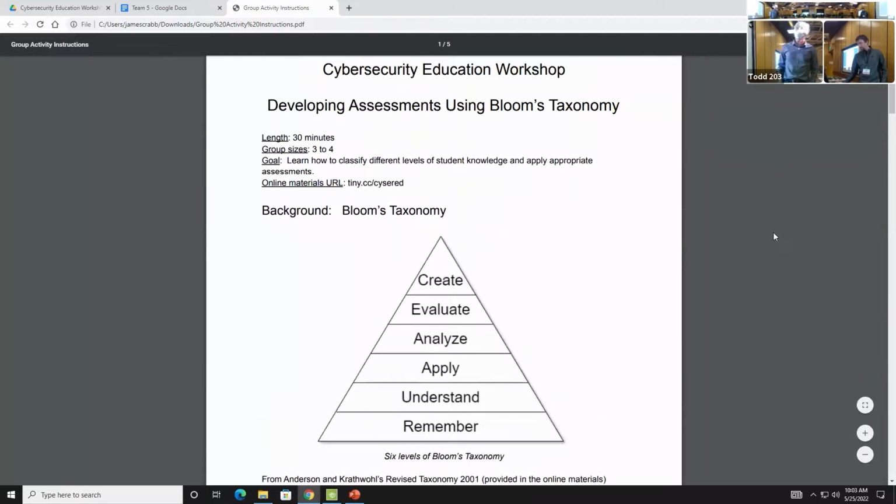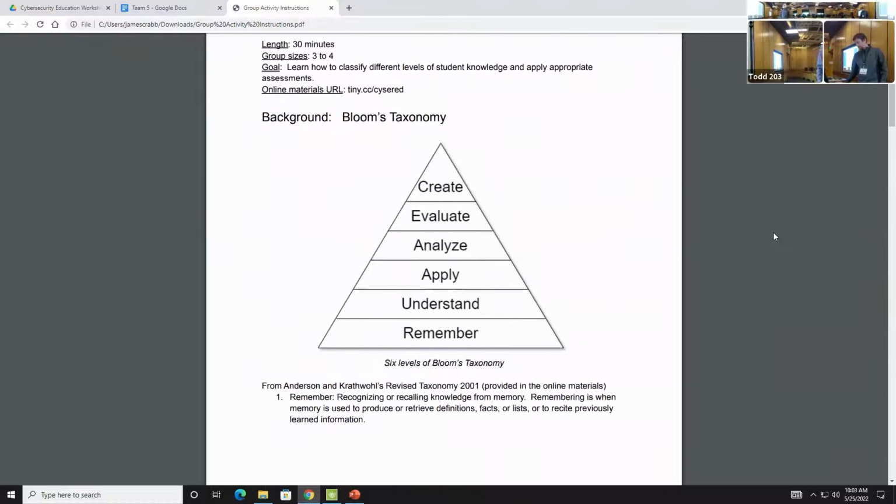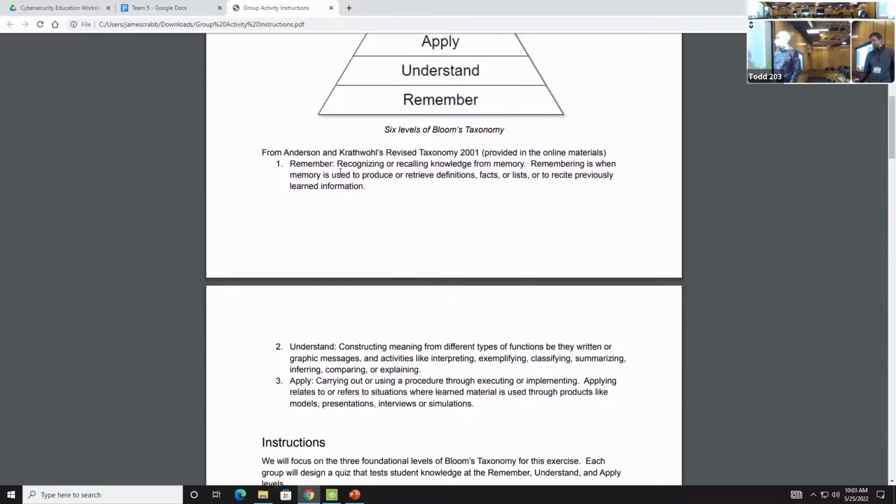Yeah. So this is like your cheat sheet for doing this activity. There's the Bloom's taxonomy levels that we want you to think about, and we're going to focus on remember, understand, and apply, correct? Yeah, so I've got some definitions for those here that you can refer to.